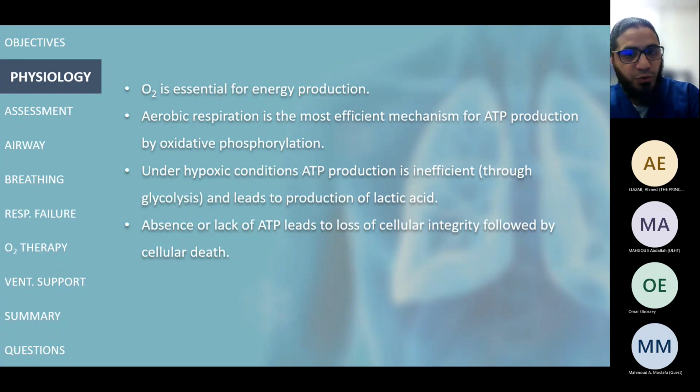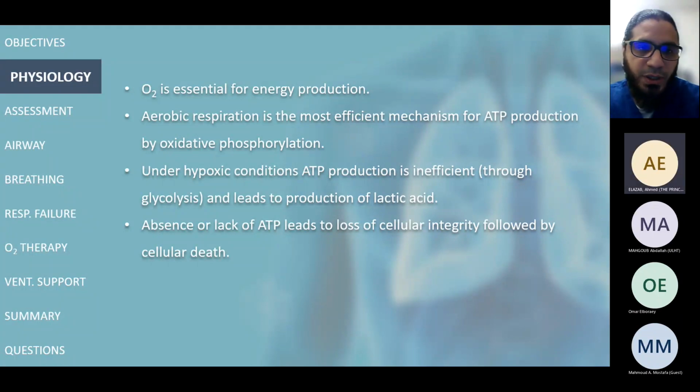Lack of ATP also is very dangerous to the cells because the cell will lose its integrity, followed by cellular death. So basically, oxygen is a very essential element for every living creature.